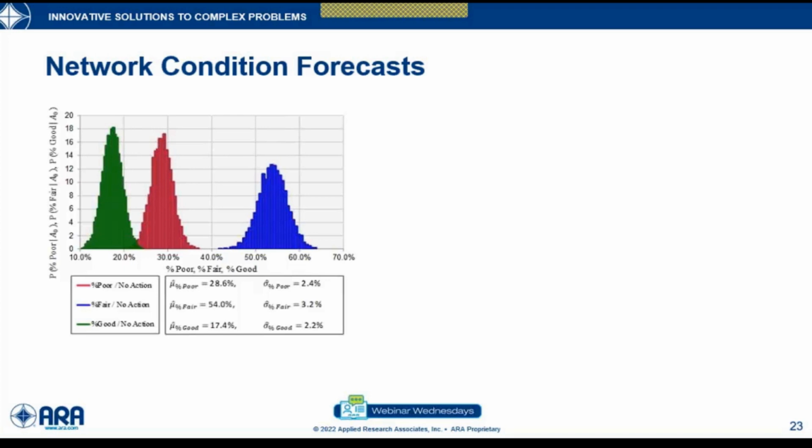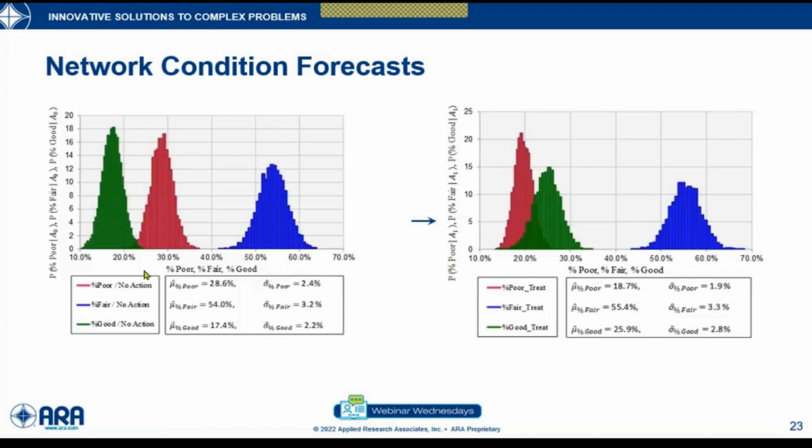That leads to a distribution, and it should, since there is uncertainty in our predictions. For example, here you can see the distribution for the percent poor, fair, and good for a set of assets in that hypothetical network after 5 years.